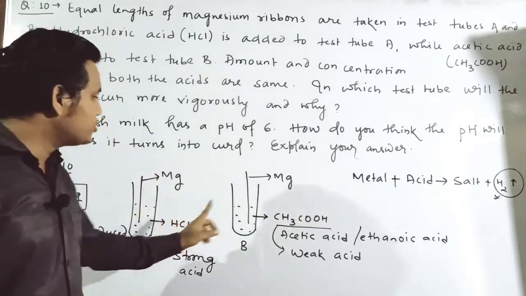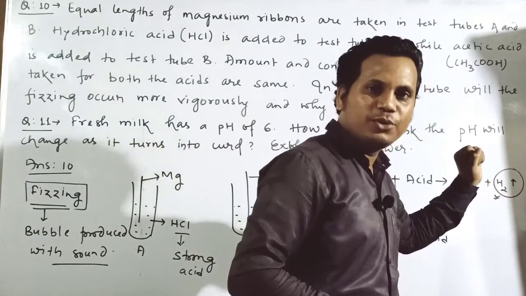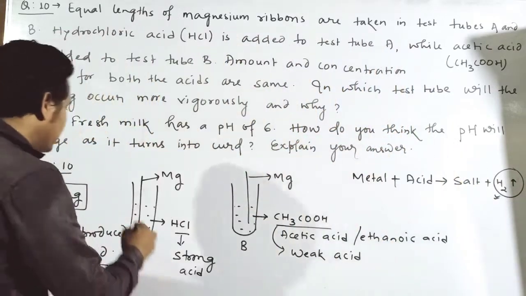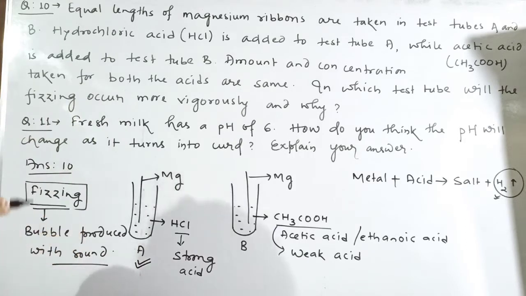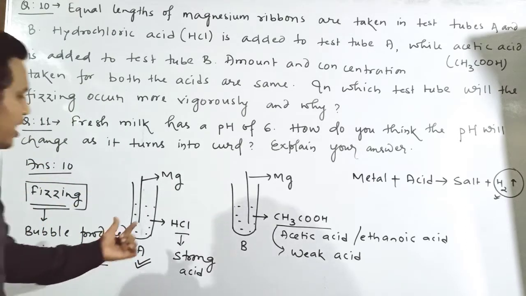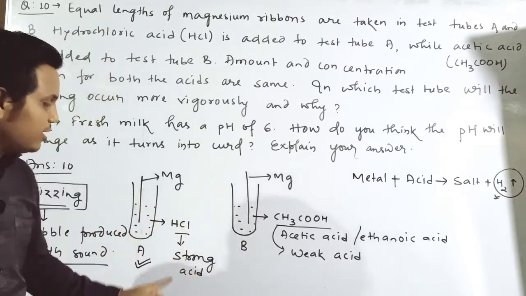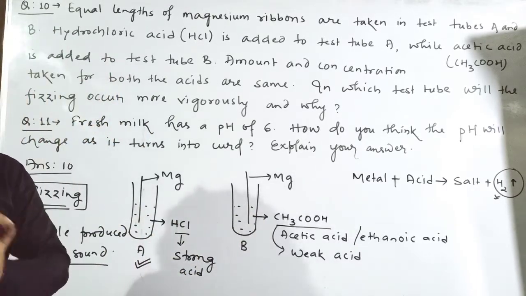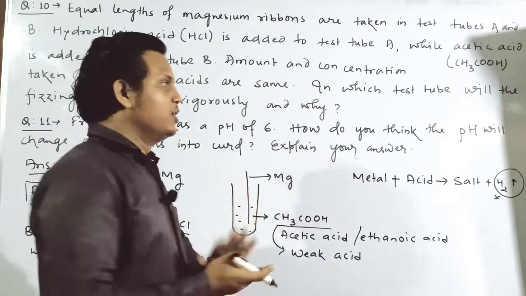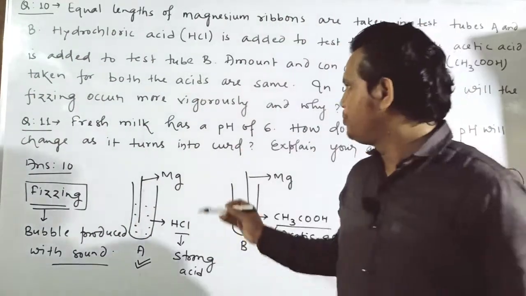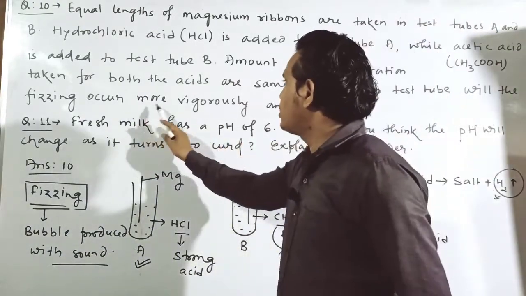Where H+ ions are more, there more hydrogen gas will be produced. That's why in test tube A, fizzing will occur more vigorously. Why? A large number of H+ ions are coming from the acid, which is converted to hydrogen gas. Clear? So our answer: in which test tube will the fizzing occur more vigorously?